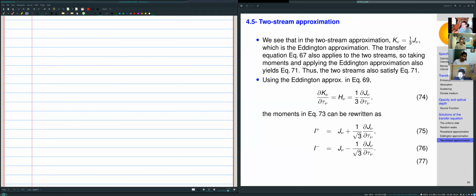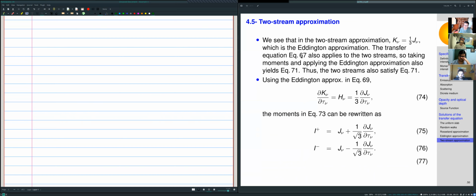So we see that the 2 streams fulfill the Eddington approximation. I'm not saying that the 2 streams are not anisotropic, they're very strongly anisotropic. It just turns out that we can use the same relationship, which is valid exactly for the 2 streams. And of course, the 2 streams is also a possible specific intensity field, and the specific intensity is described by the radiation transfer equation.